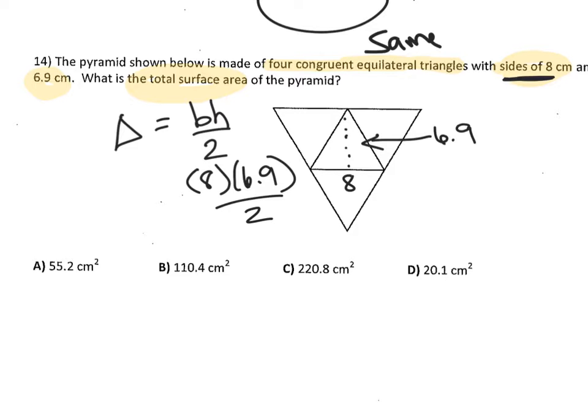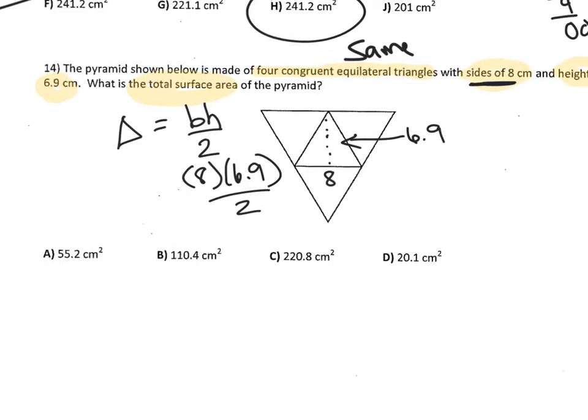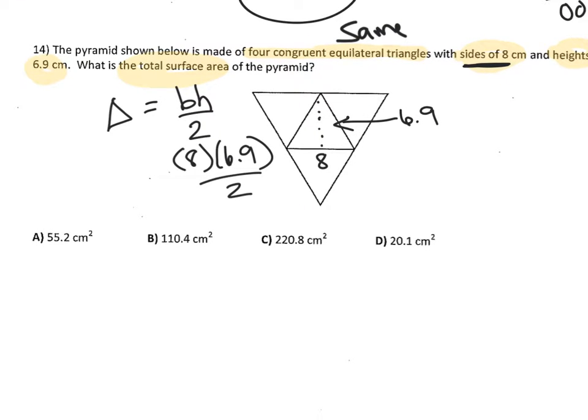Yeah, you can do it either way. And if you can see it, you can go ahead and divide. If you don't see it like that, you don't have to do that. So 6.9 times 4.